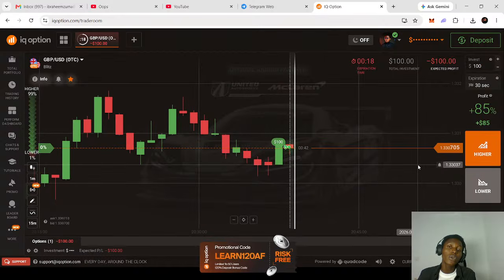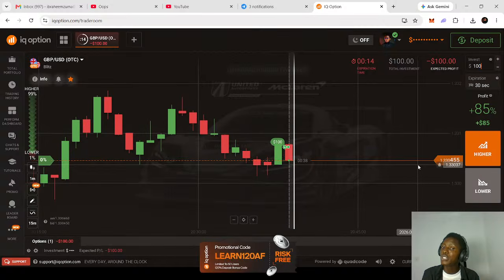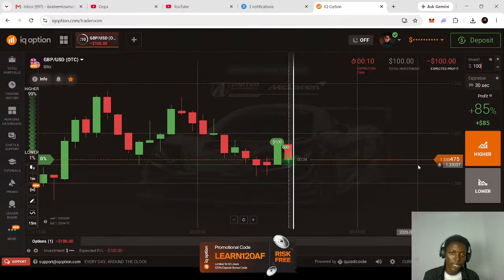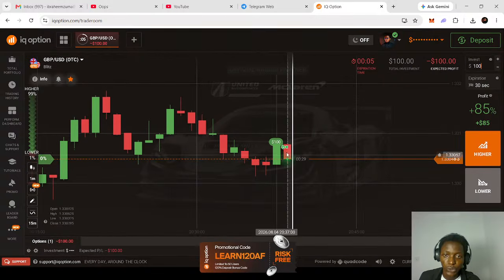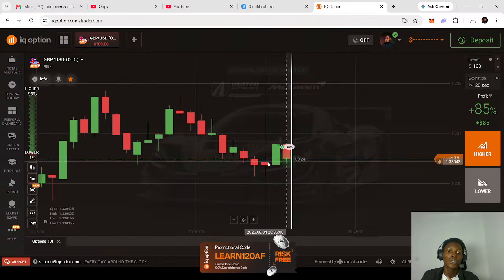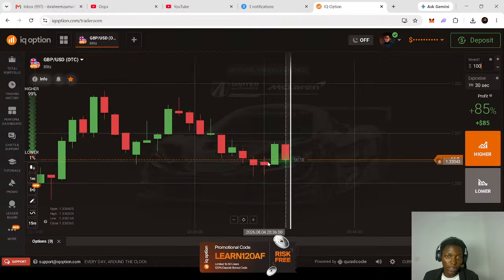The reason why we use 30 seconds is so that we're not going to be wasting a lot of time in demonstrating to you how to actually buy and how to sell. Okay, so as you can see now, we're actually losing this trade, and in the next 3 seconds it will close automatically. And now you can see that the position has closed automatically, but it is a loss, so we lose a trade here.